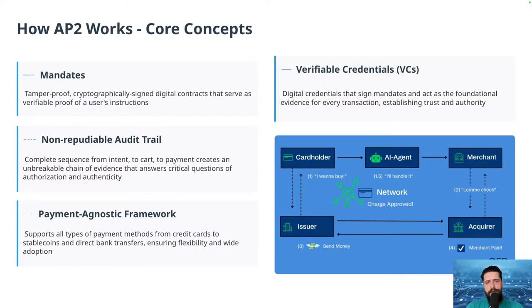Finally, AP2 is a payment agnostic framework, which means it's not tied to any single payment method. It can handle everything from traditional credit cards and bank transfers to modern stablecoins and cryptocurrencies, making it incredibly flexible and future-proof.